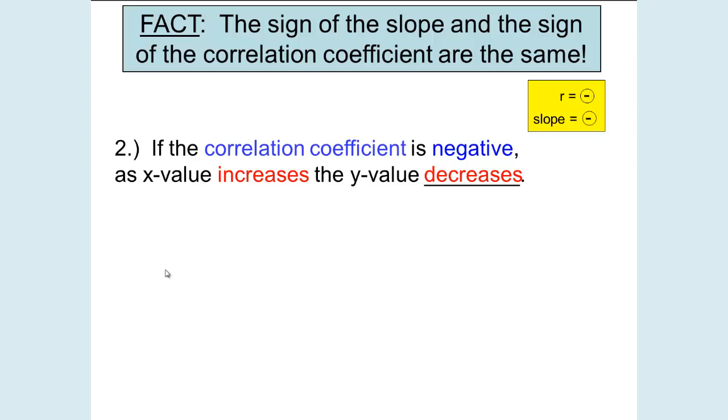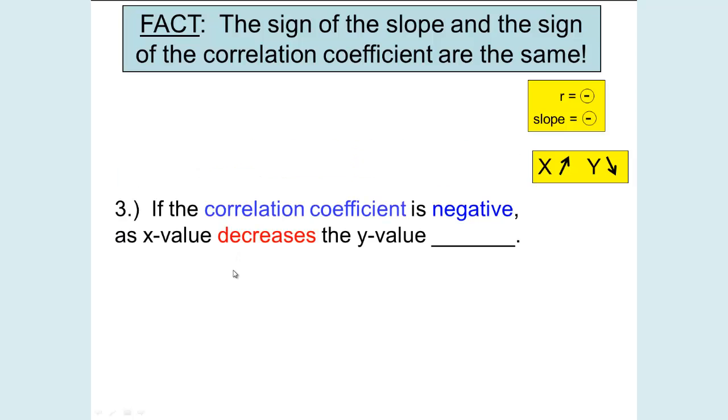Remember, if the correlation coefficient is negative, x and y are doing opposite things. So if the x value increases, the y value must decrease. As x goes up, y comes down.